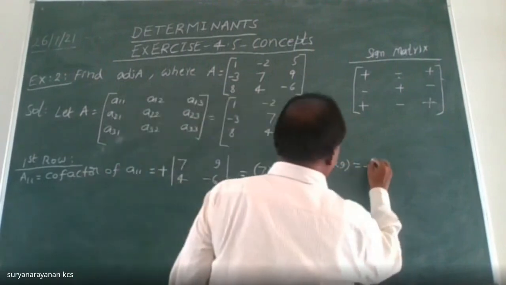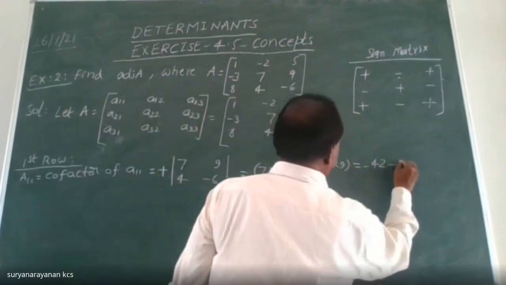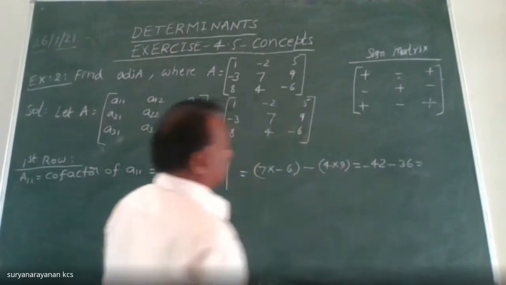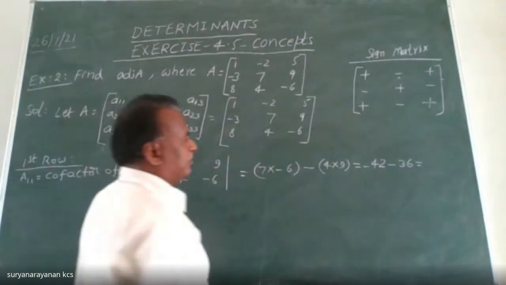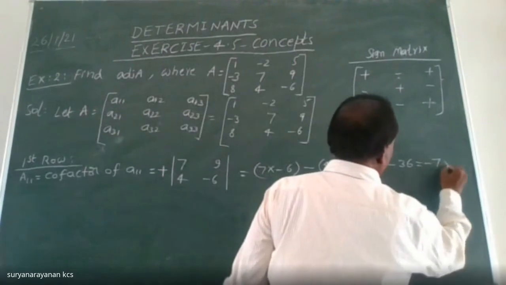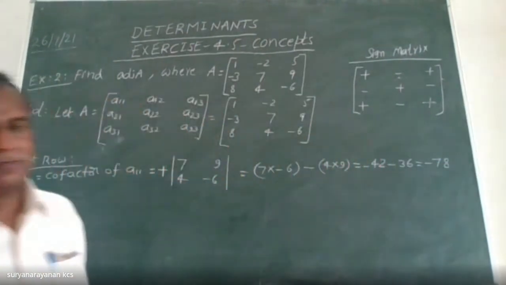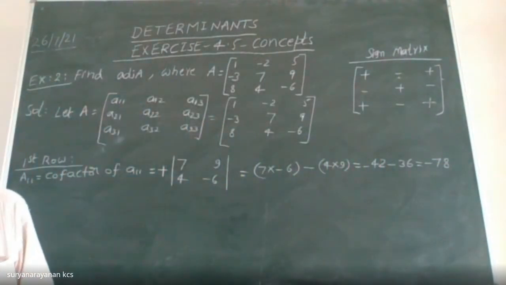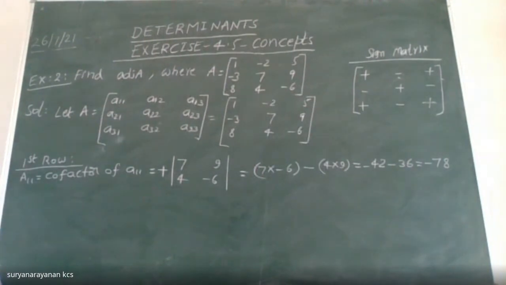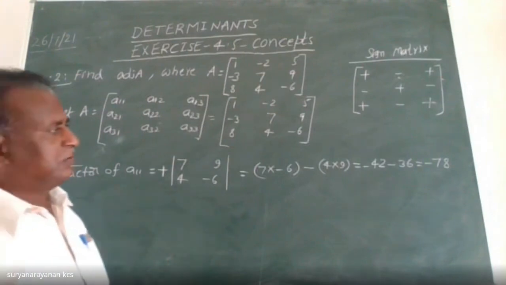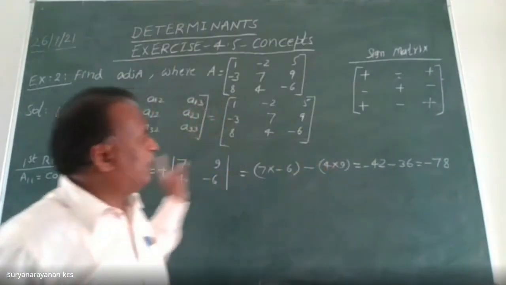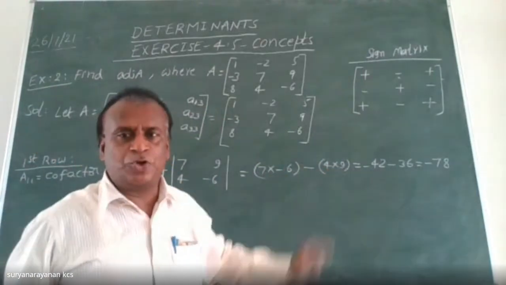Minus 42, minus 36. What will you get here? What is that cofactor? Minus 78, sir. This is the cofactor of the first element in the first row.